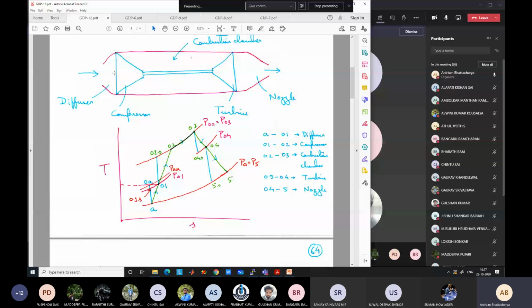Static temperature has changed from TA to T0A. So from that we get that static pressure at the end also should become equal to P0A, the stagnation pressure, because we are isentropically bringing the fluid to zero velocity. And you understand that if you isentropically bring the fluid velocity to zero, the static pressure becomes equal to stagnation pressure. Is this clear up to this point to everyone?